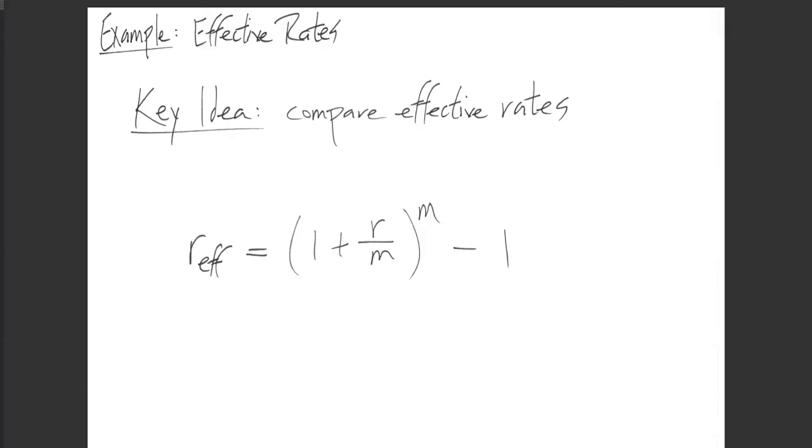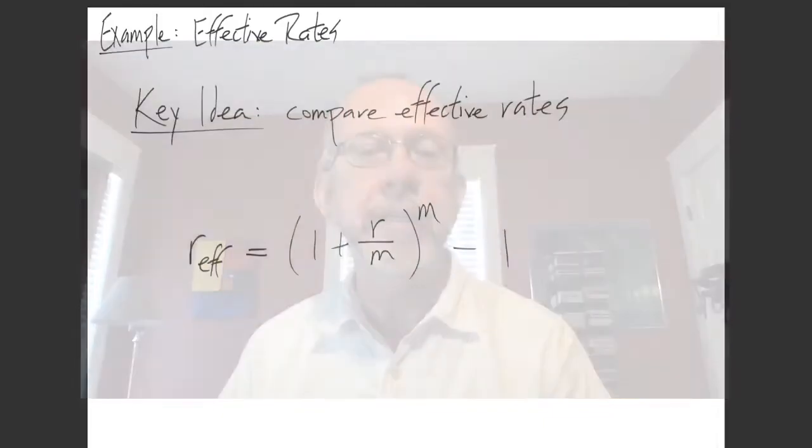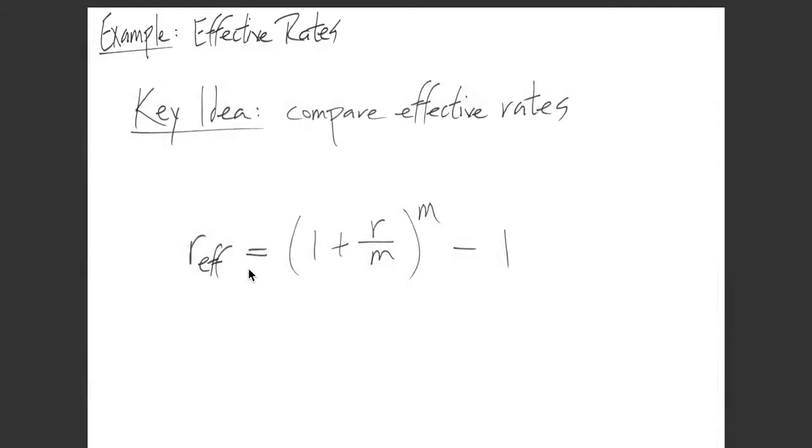And just to remind you, the effective interest rate for an investment that has compound interest is the equivalent simple interest rate that would return the same amount after a year. So if you convert things to an effective rate, you can do a one-to-one comparison between investments that may seem very different, and that's precisely the situation we have here.